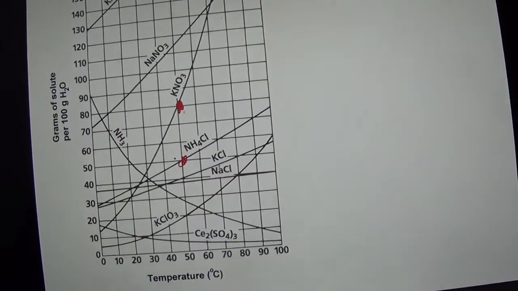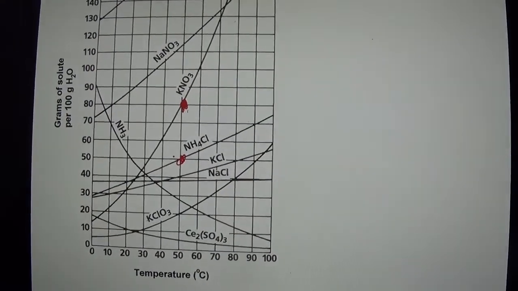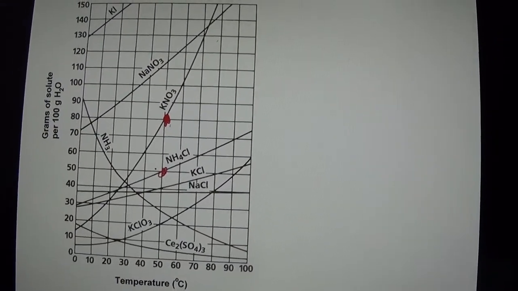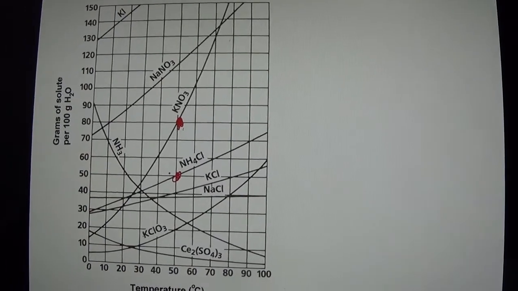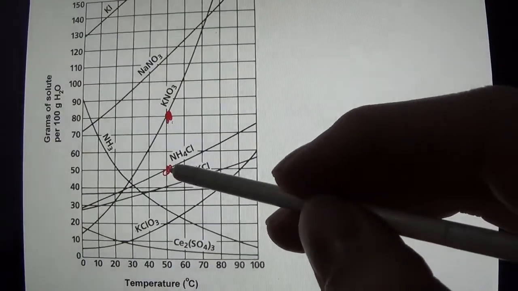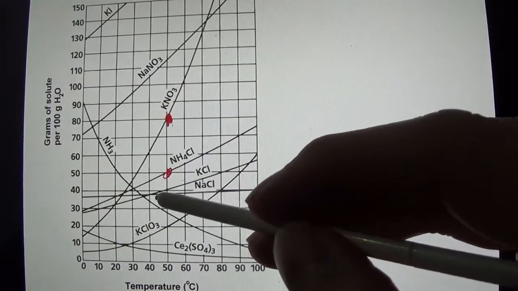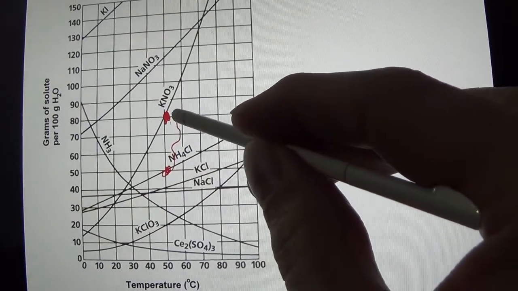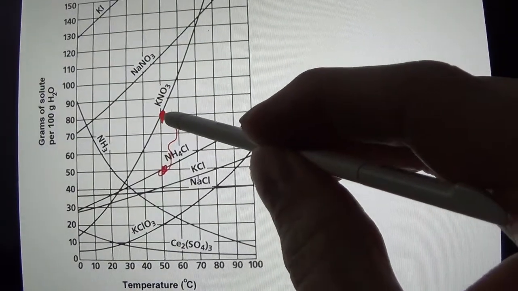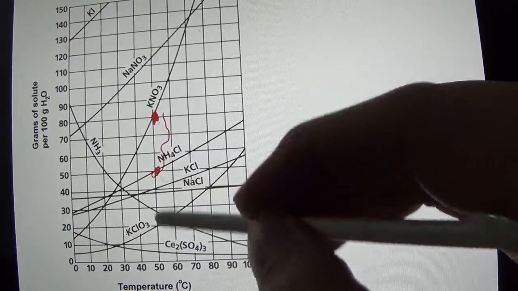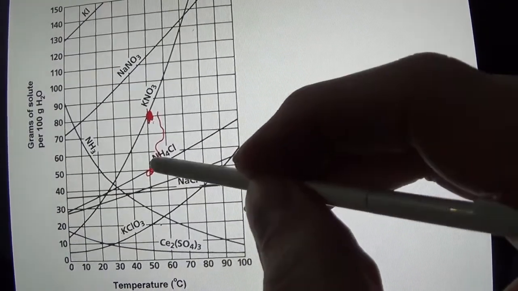So let's say I only have 50 grams in there. What's that tell me? Well, if I only have 50 grams in there, that tells me I'm unsaturated. But here's the cool part. I can determine how unsaturated it will be. That is, I can determine what's the difference there. I can dissolve 80, but I've only dissolved 50 at 50 degrees Celsius both times.